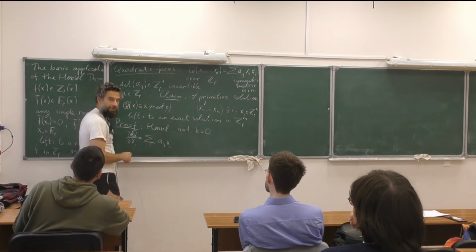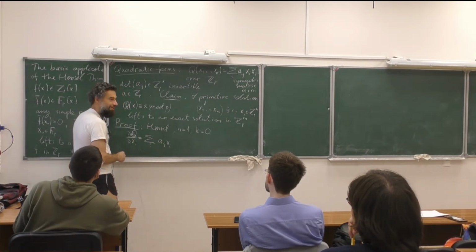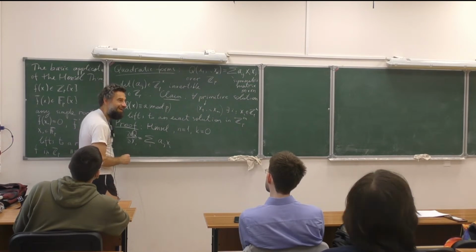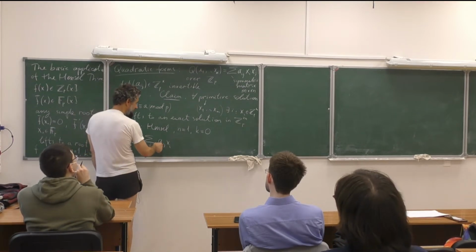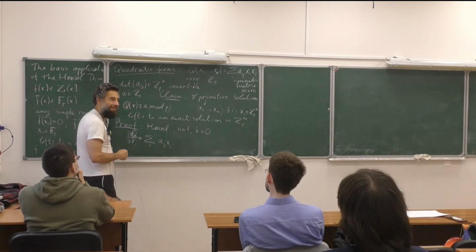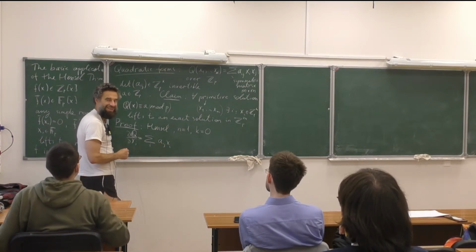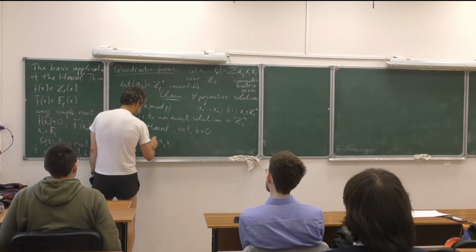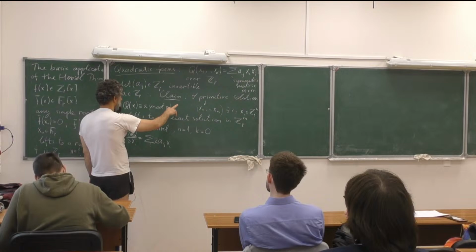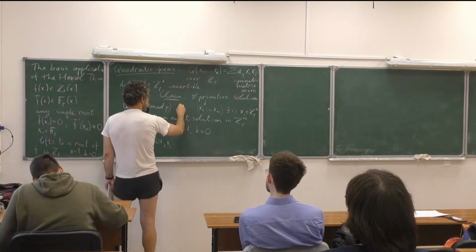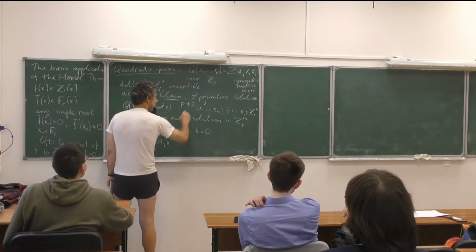And it is not quite true, and this is important. There are quadratic terms, when i equals j, and quadratic terms should be multiplied by 2. So it's twice. And for this reason, we should assume that p is not 2.